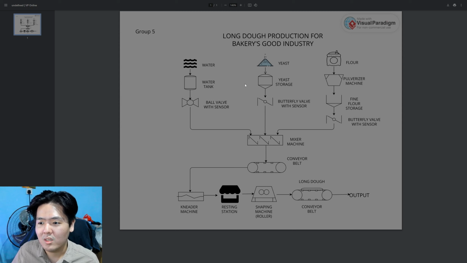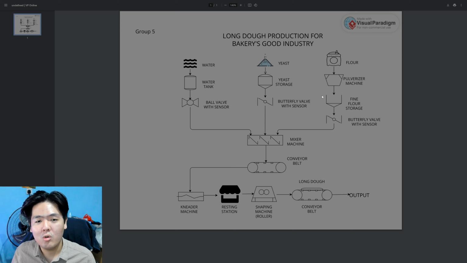But with the water tank, yeast storage, and flour storage, they could hold so much more that it could produce continuous batches independently, rather than holding for maybe an hour, because we would need staff or labor to manually insert these raw materials again into the mixer machine. So it's better to make it much more independent.